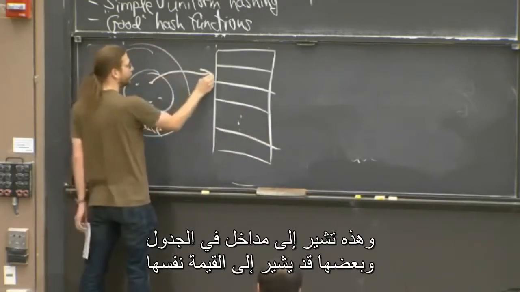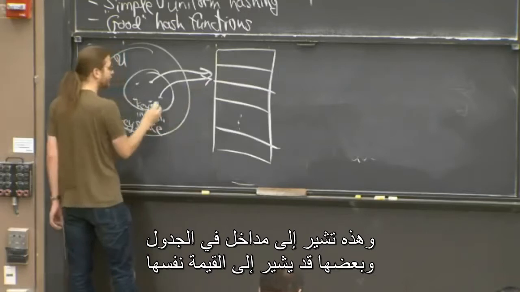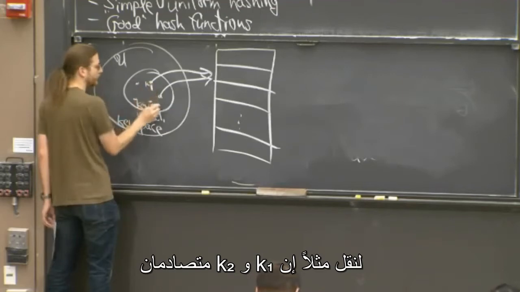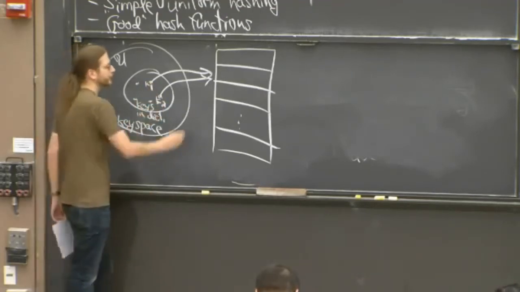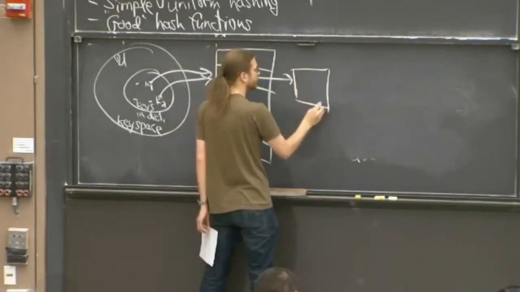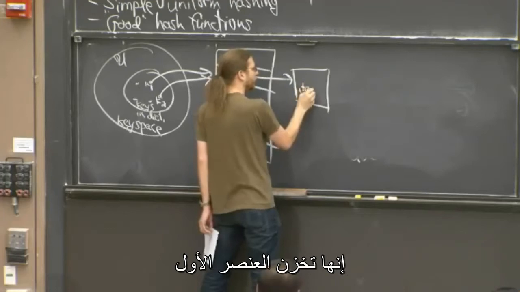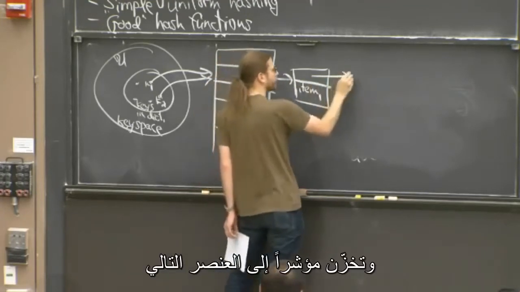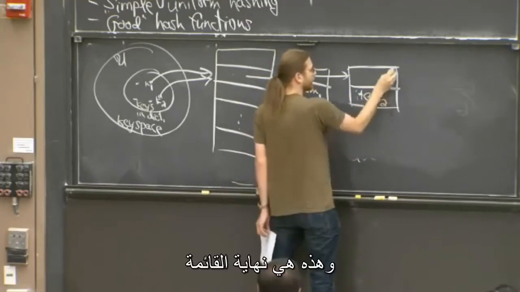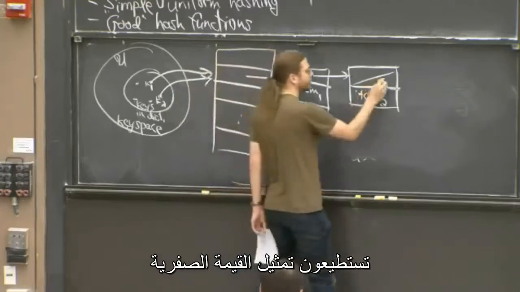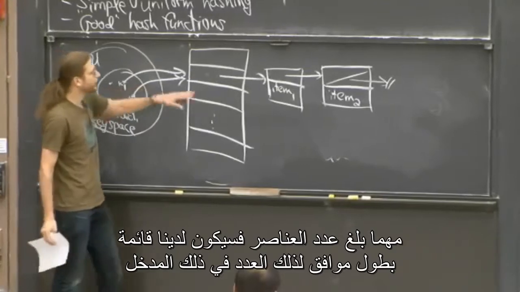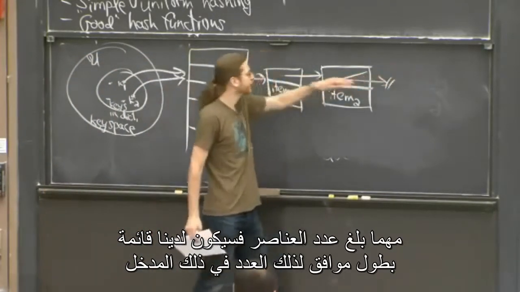These guys map to slots in the table. Some of them might map to the same value. So let's say K1 and K2, suppose they collide. So they both go to this slot. What we're going to store here is a linked list that stores item 1, and it stores a pointer to the next item, which is item 2, and then that's the end of the list. Or you could, however you want to draw a null. Okay, so however many items there are, we're going to have a linked list of that length in that slot.